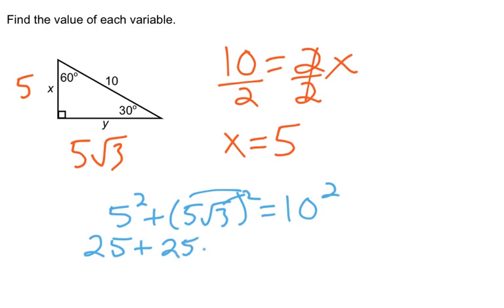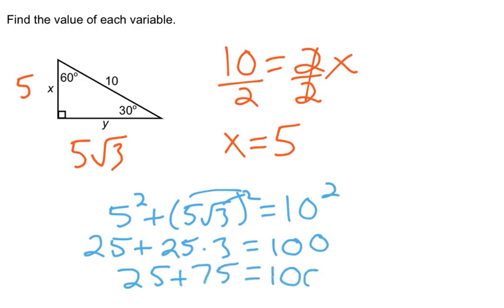So 5 squared is 25 times root 3 squared, which is just 3, is equal to 100. Well, again, you have 25 plus 25 times 3 gives us 75, which, notice, 25 plus 75 is equal to 100. So just to show that it works, that ratio does work.